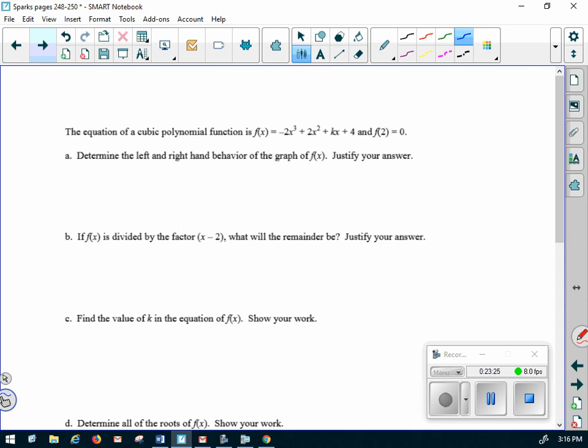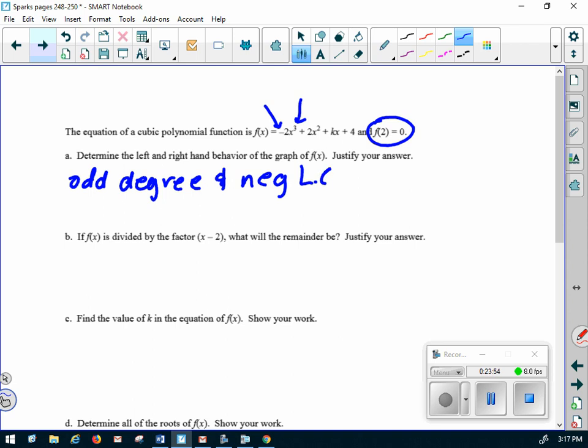The equation of a cubic polynomial function is f of x equals, and f of 2 is 0. So let's make sure we don't forget that. Determine the left and right hand behavior of the graph. Okay, we have an odd degree and a negative leading coefficient. What do you know about your end behavior?